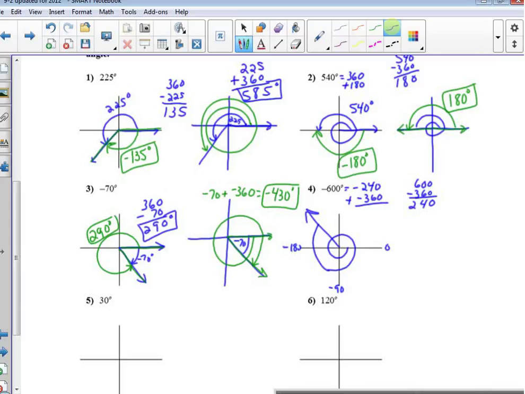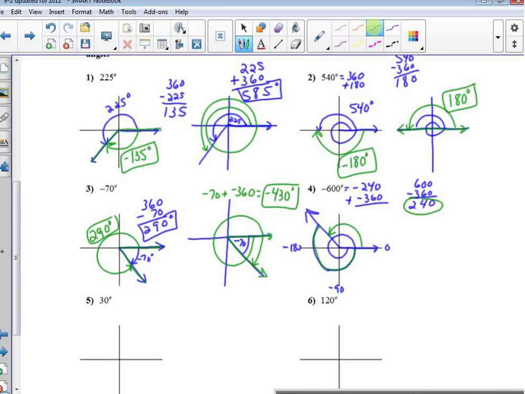So there's negative 600. Got my initial and my terminal. So if I just start over here and meet it, I've got my smallest positive. If you think about it, this piece right here was already figured out to be negative 240, or just positive 240 in terms of its rotation; the direction is negative, but it's actually 240 degrees of rotation.